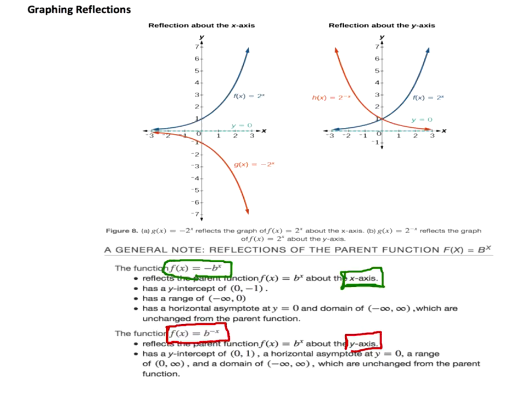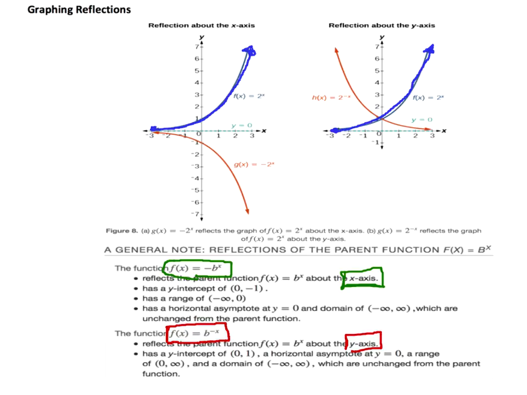So take a look up at the top. We have our parent function that's luckily blue in both of these cases, 2 to the x, going through the point 0, 1.